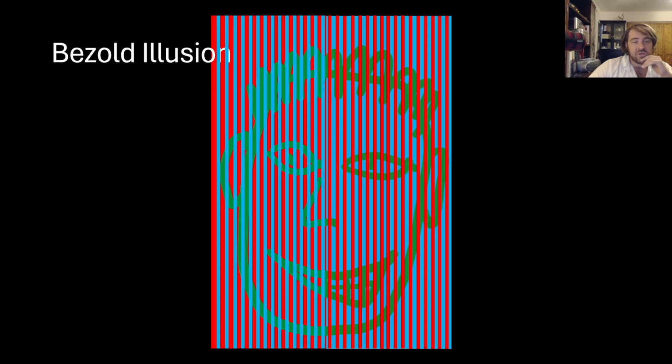The only thing that's changing here is what color of stripe the green drawing is obscuring. So it's either obscuring the red stripes on the left, or it's obscuring the baby blue stripes on the right. But if you sit back and you say, what color is this drawn in?